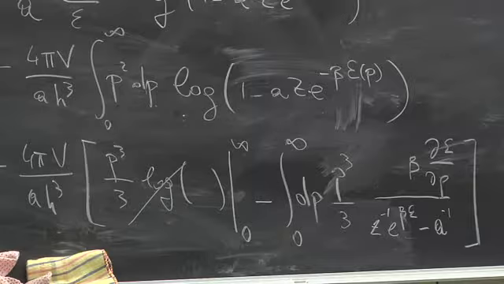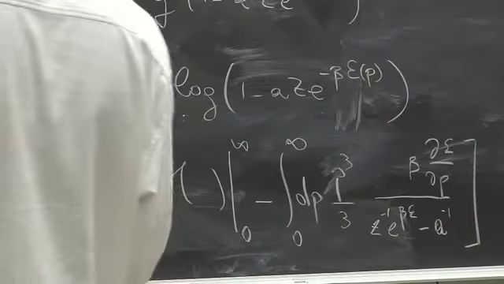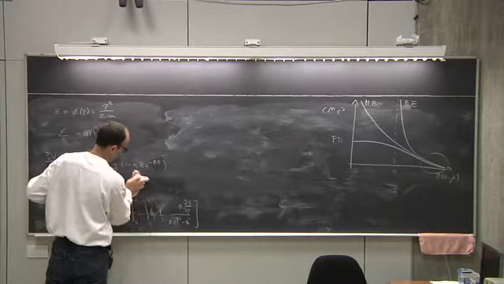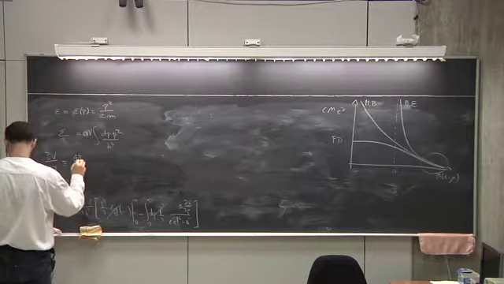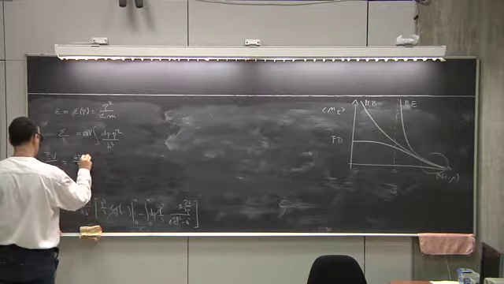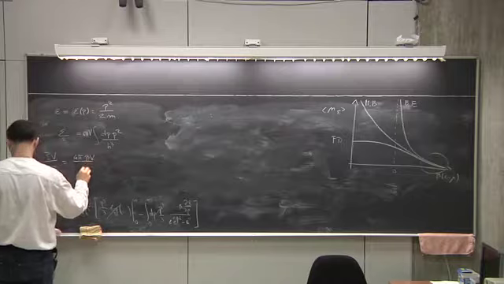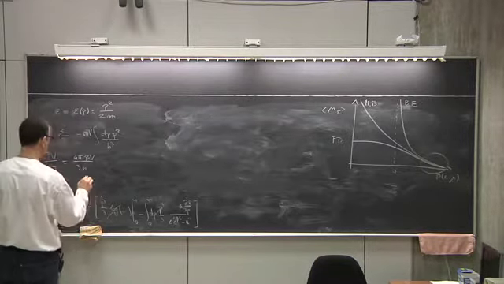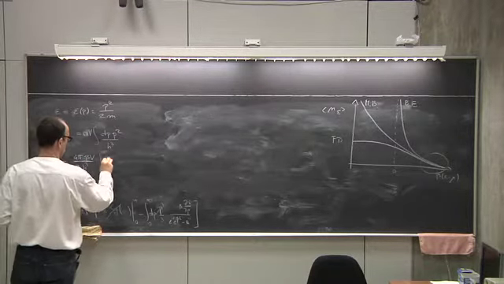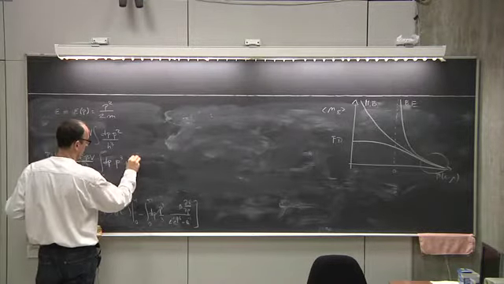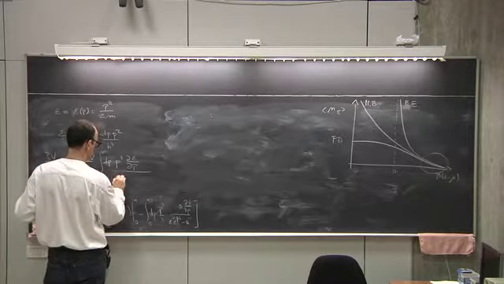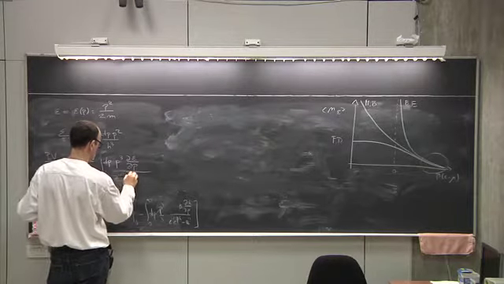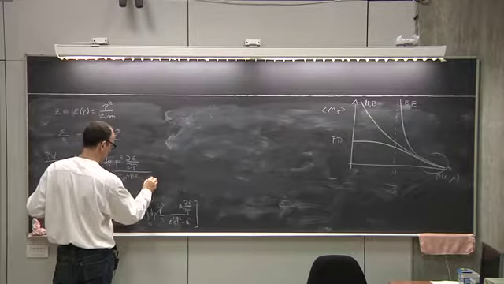And here you have, so you can write this as 4 pi beta times V divided by 3 h cubed, integral from 0 to infinity dp p cubed d epsilon dp divided by z to the minus 1 e to the beta epsilon minus a.